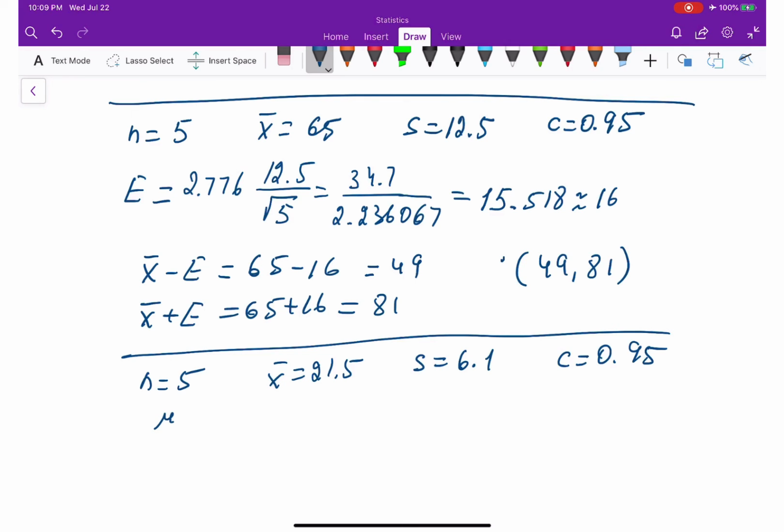So mu is within 13.9 and 29.1, and the margin of error is 7.6.